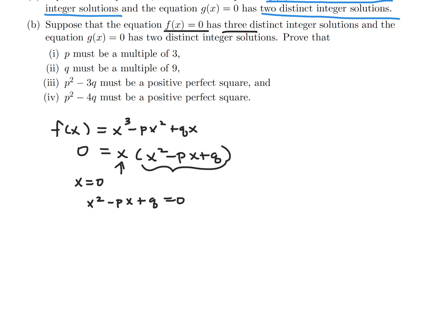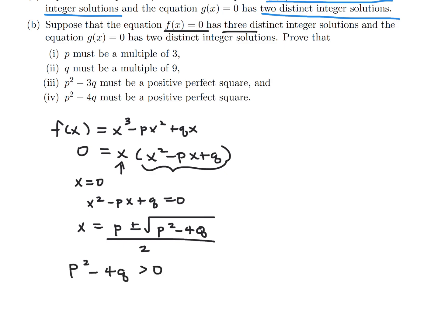And the only way it's going to give me 2 is if the discriminant is greater than 0. Because if it's less than 0, it would not give me any integer solutions. If it was equal to 0, it would give me just 1. So if I did the quadratic, it would be p plus or minus the square root of p squared minus 4q, all over 2. So we want the discriminant, which is what's under the radical sign, p squared minus 4q, to be greater than 0.